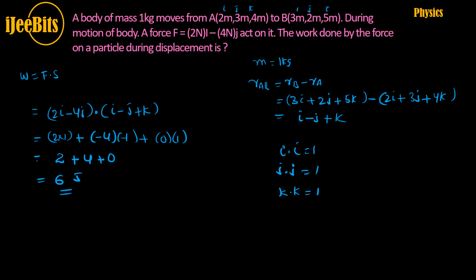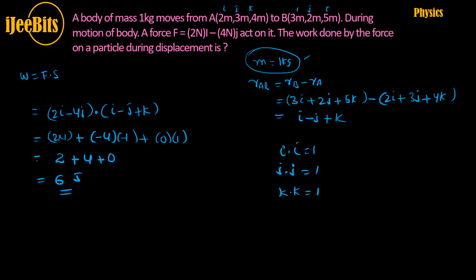Clear? A very small problem, because the mass of 1 kg is unnecessary in this case. The displacement is given, A to B, so B minus A is your vector. Then you take the i, j, and k components separately, applying the sign rule.